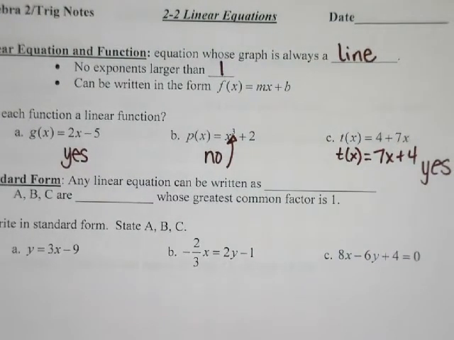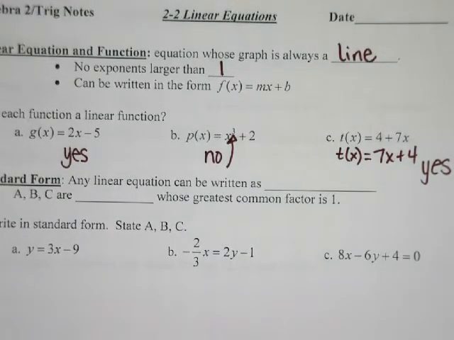What if, and this one isn't on there, but what if my slope were 0? So what if I had something like 0x minus 5? Is that a line? Yeah, he's just a straight line, right? And that's okay. So instead of writing it 0x, though, I would just write something like f of x equals -5.